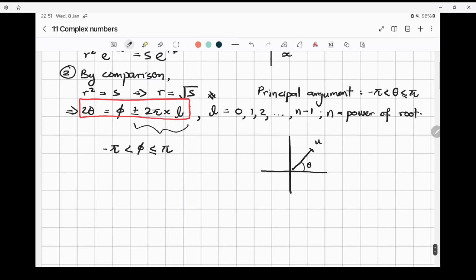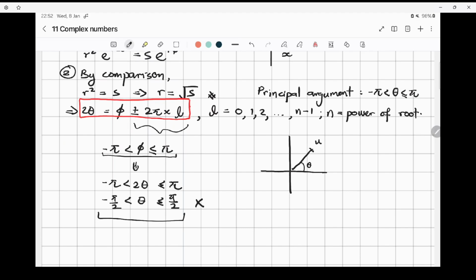So originally this is your principal argument, and if you square root it, essentially what you are doing is something like this. And this is not the definition of principal arguments. So you are missing out the other part of the solution because you are shrinking down the range of your principal argument.